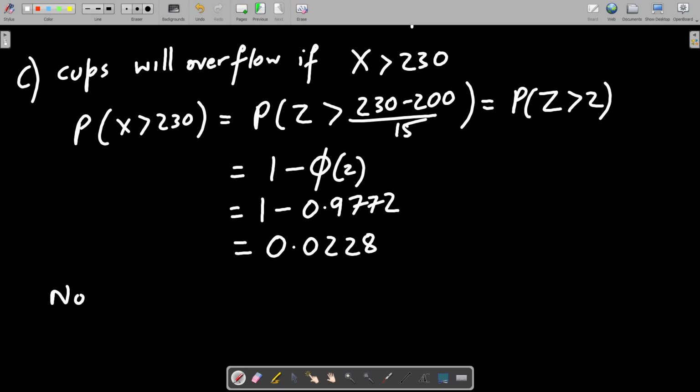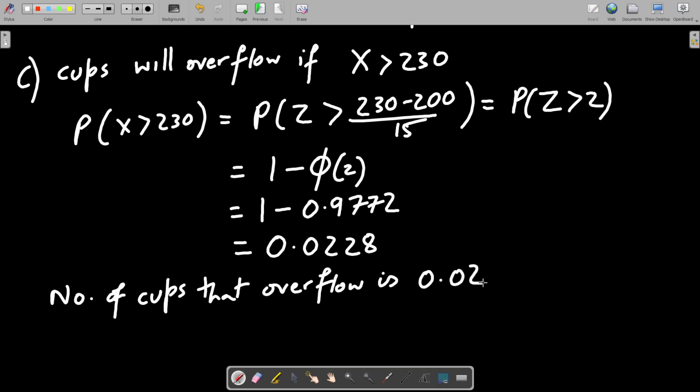Now the number of cups that overflow is 0.0228 into 1000.